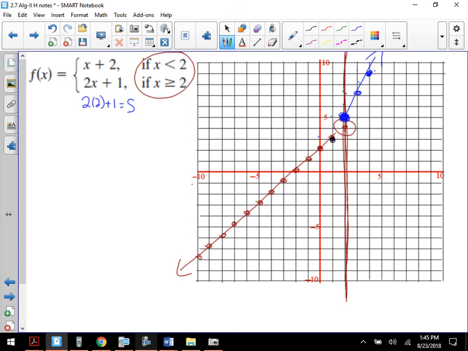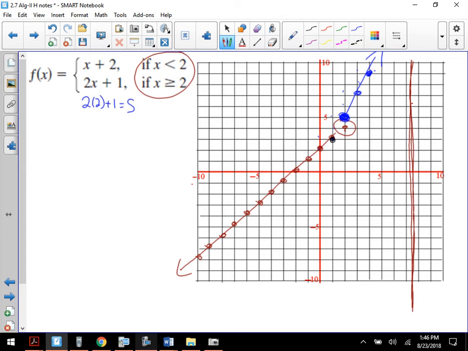What's that? Think of it as a jump. If I get this out of the way, you'll see that you have a small break. There is no range values between 4 and 5. There's no value that's going to give us 4.2, 4.3. None of those are going to work.